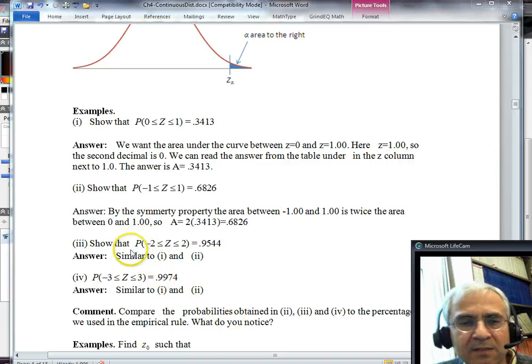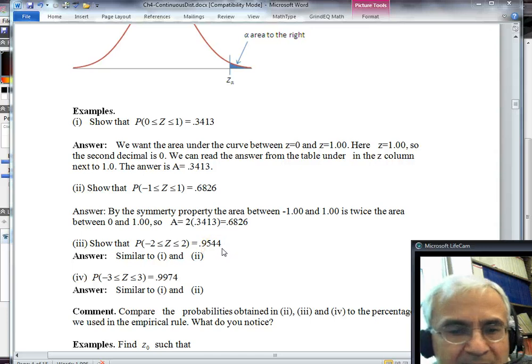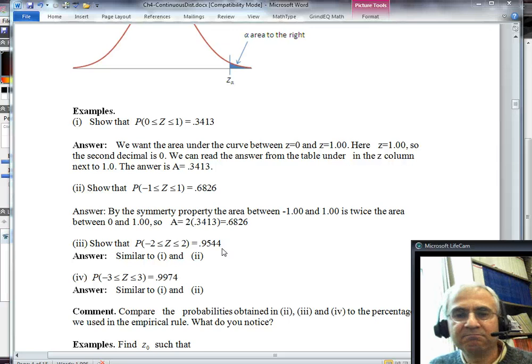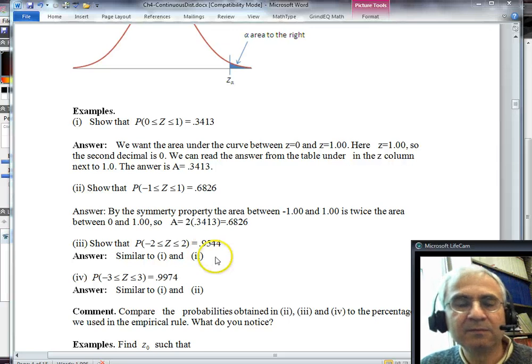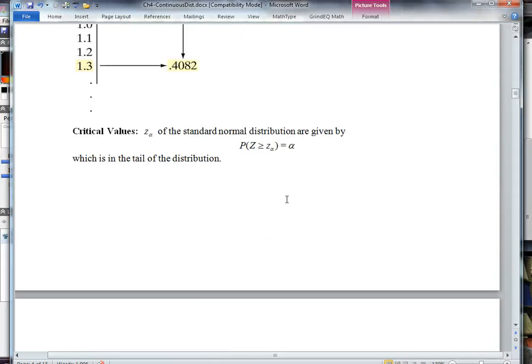Also, how would I find the probability between -2 and 2? I want to show that to be 0.9544. That's going to be similar. I get the probability between 0 and 2 and double it.